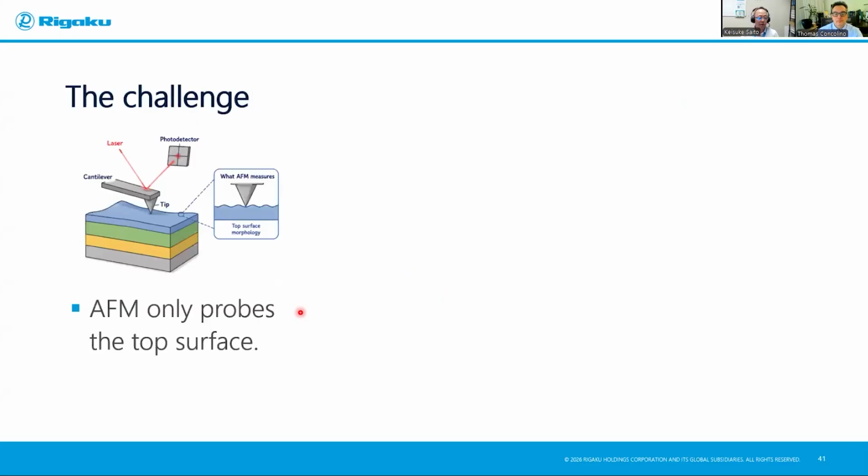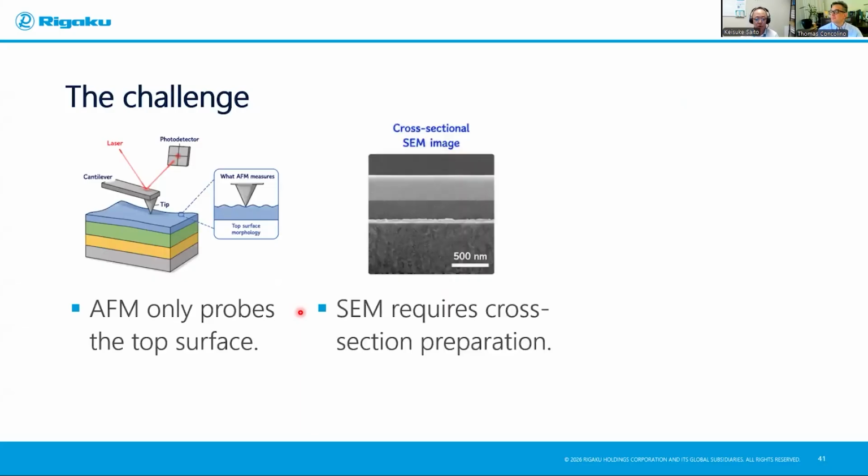For example, atomic force microscopes only probe the top surface, and scanning electron microscopes require cross-section sample preparation, and as this example shows, the resolution might not be enough to resolve a very thin film thickness.